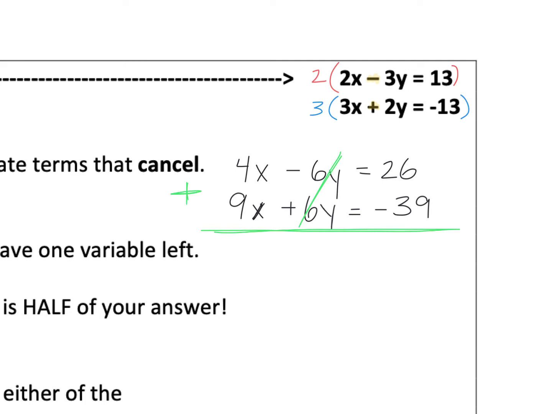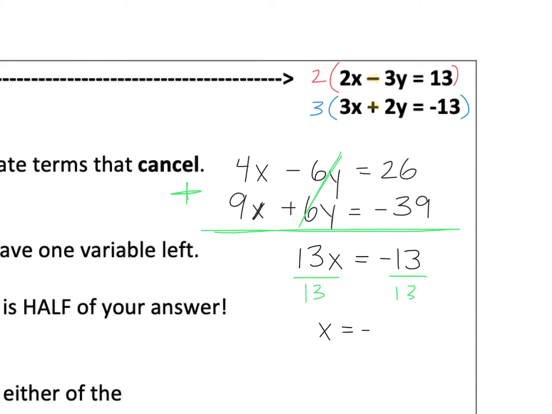And then we're just adding, so it would be 13x equals negative 13 is all you have left because the y's died. You divide by 13, and x is negative 1.